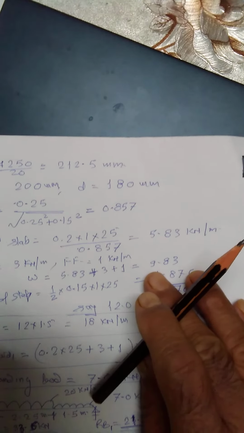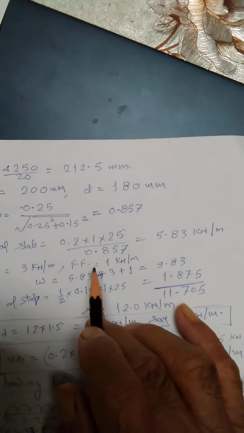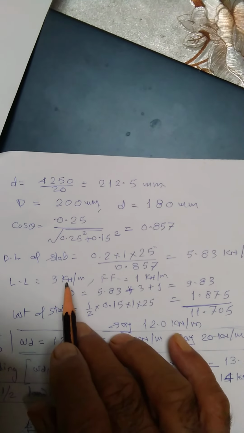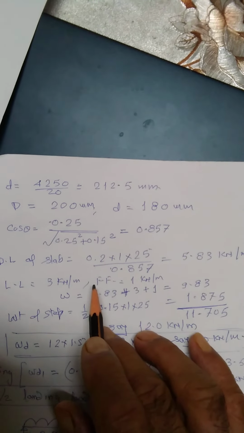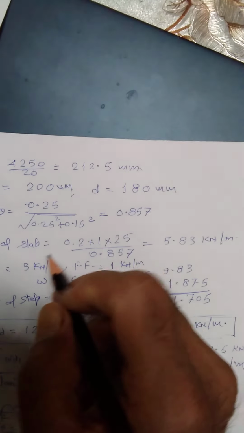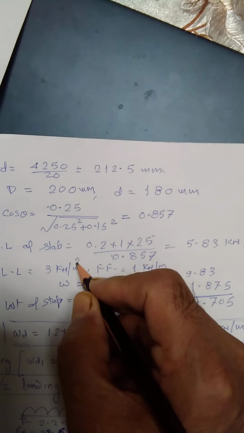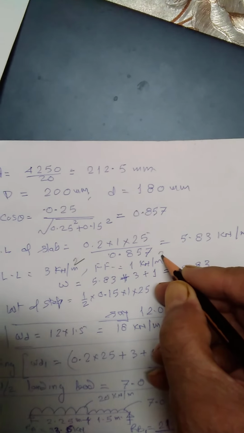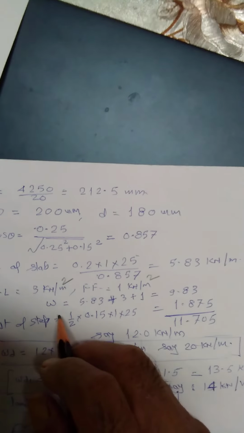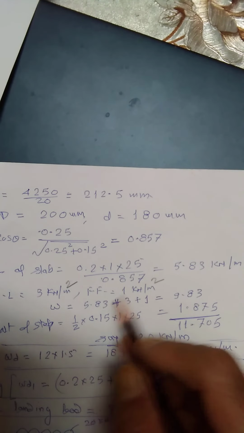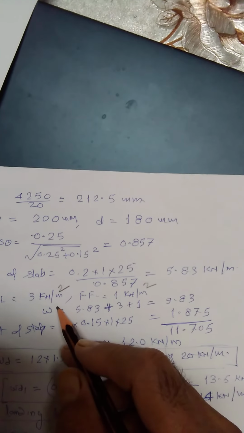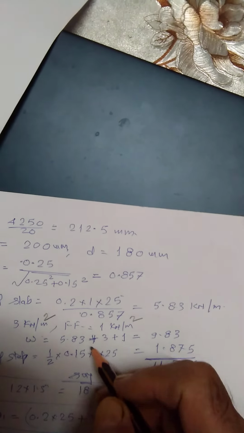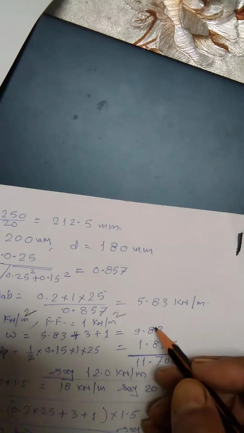Now, floor finish and live load. Live load is 3 kN per meter square, and floor finish is taken as 1 kN per meter square. Multiplying by 1, we get W as 5.83 from the weight of the slab, its vertical component, then live load and floor finish, giving 9.83.